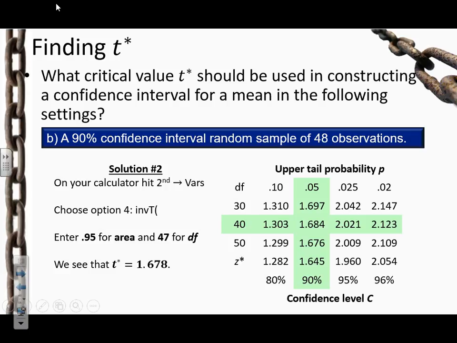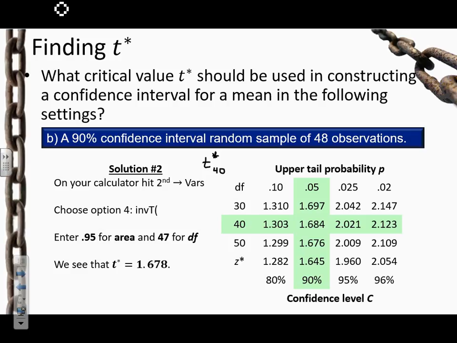Okay? So what you need to make sure you do on your homework, on your tests, on your quizzes, is write your T value carefully. If you use the table, you would say your T star was with 40 degrees of freedom, because that's what you used from the table.